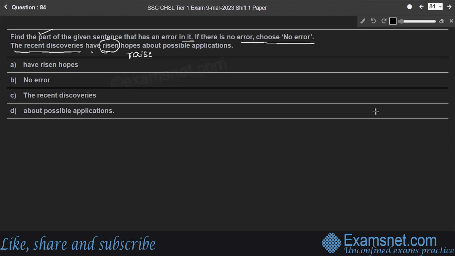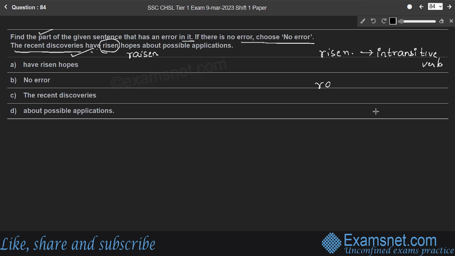So risen hopes about possible application. Right here, risen. So risen is an intransitive verb, which means it cannot take the object. Here object is the discoveries, recent discoveries, right?